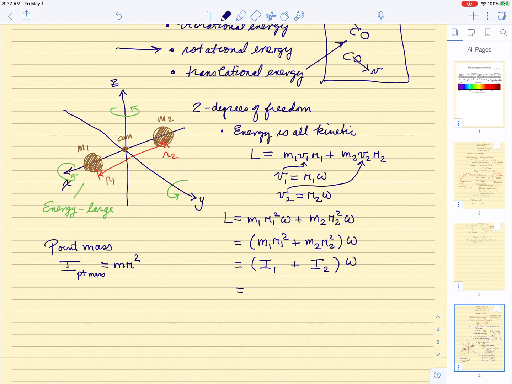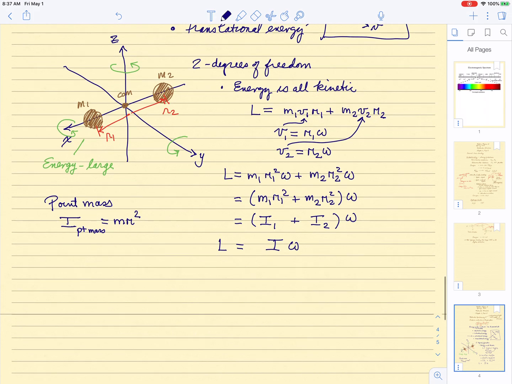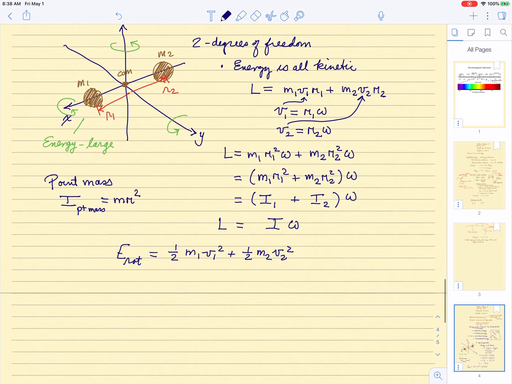And that's just going to be equal to I for the entire molecule times omega. Okay? Let's just store that for a moment, and let's look at the rotational kinetic energy, which is going to be 1/2 m1 v1 squared plus 1/2 m2 v2 squared.